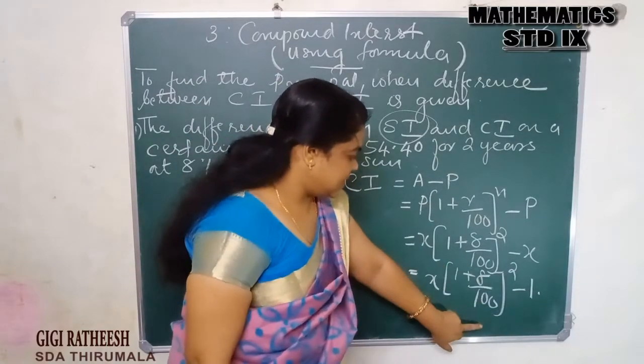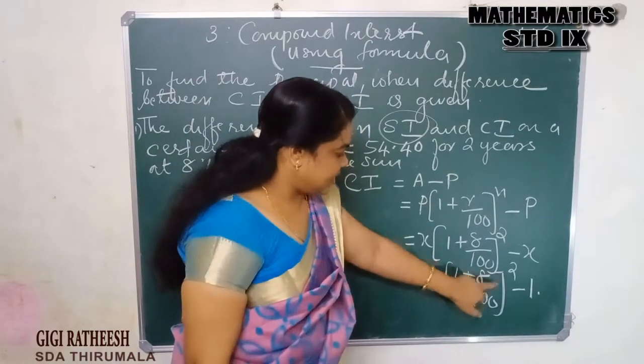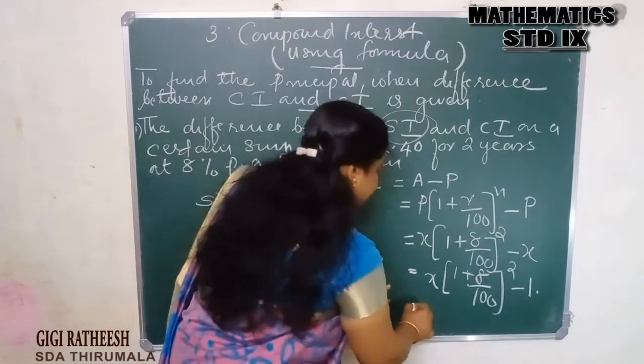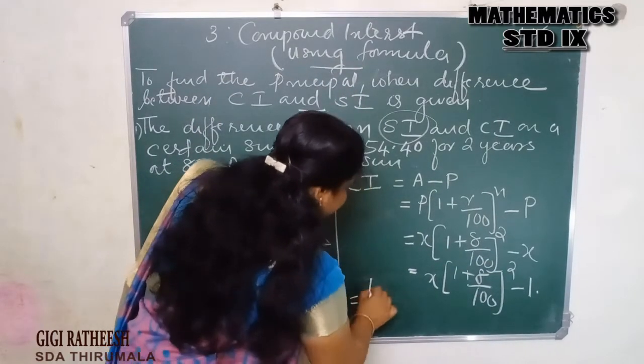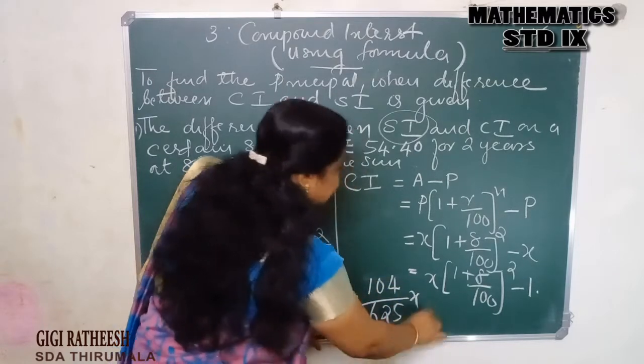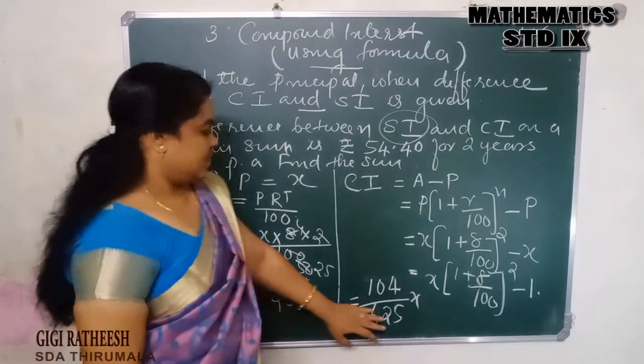Calculating this by taking the LCM, 108 divided by 100 the whole square minus 1, we get 104 divided by 625 X.